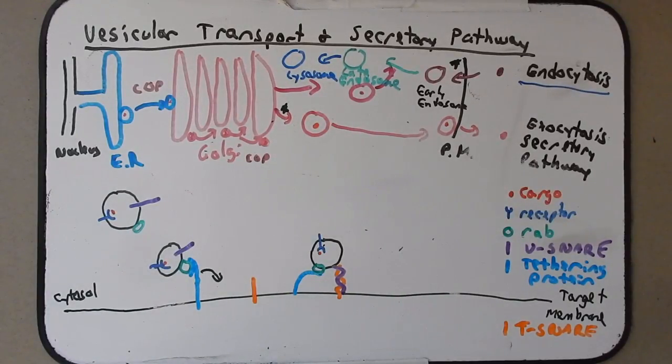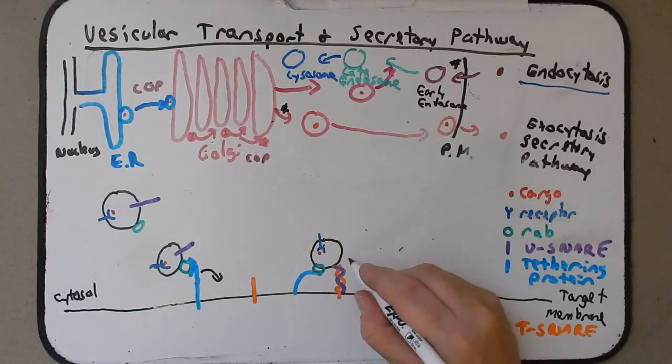And then what happens, and this is a really fascinating thing, is that these snares will continue to wrap around each other, almost like a cranking system, until it brings this membrane of this vesicle closer and closer to the target membrane.